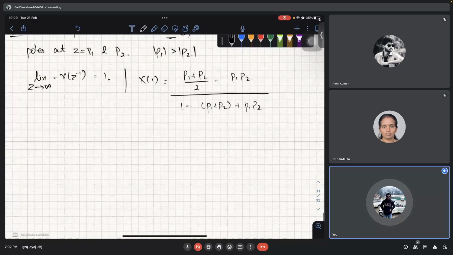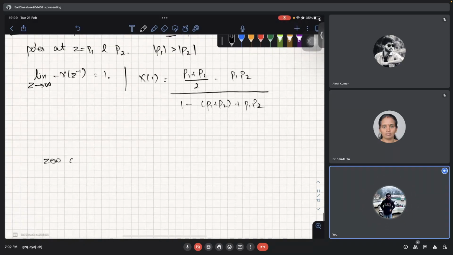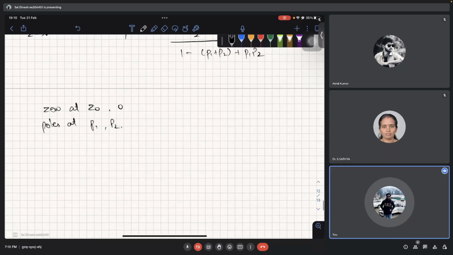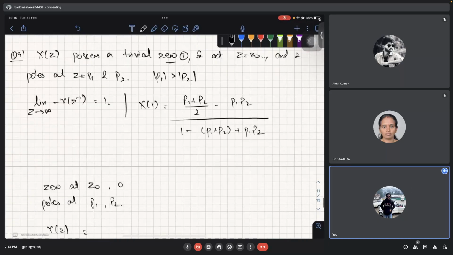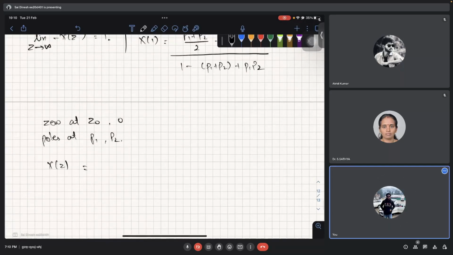So what do we have here? Zeros at 0 and z0, poles at p1 and p2. How can we write this equation in the form of poles and zeros? We need to write it in this form. How do we write it? Can you help me?